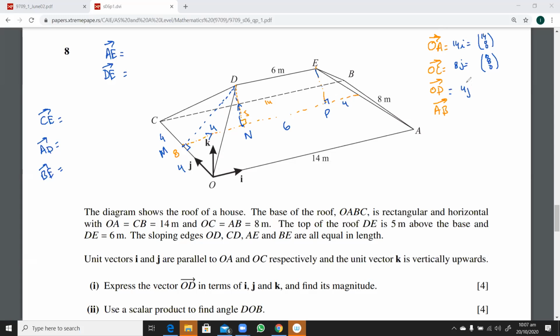Yes, beta? Can't we find MD through the hypotenuse, the Pythagoras theorem? No, don't do that. Suppose you find the length of MD. Very good question, beta. If you find the length of MD, do you have a unit vector in this direction, MD? No, we don't have it.